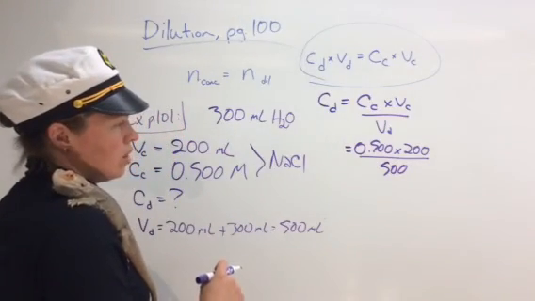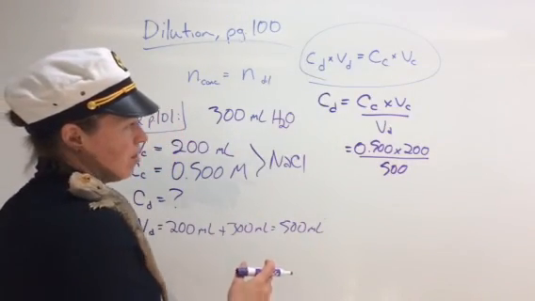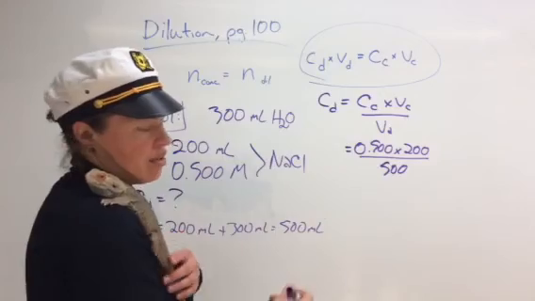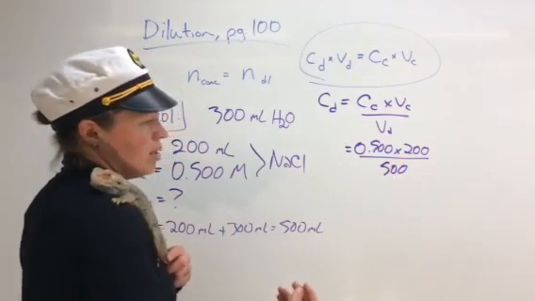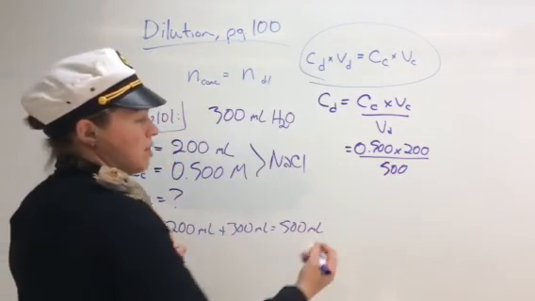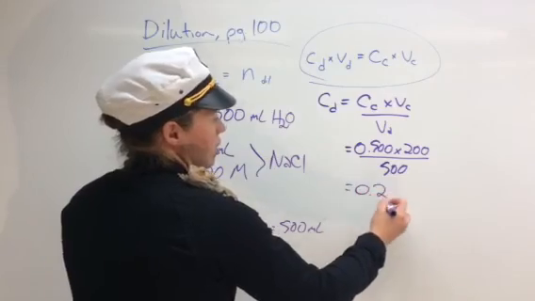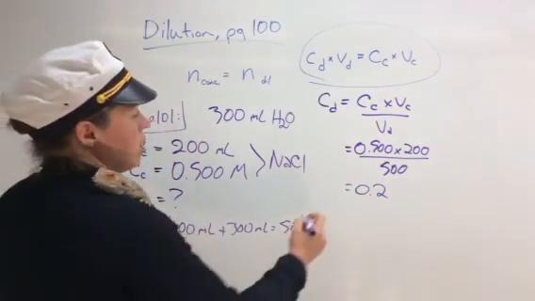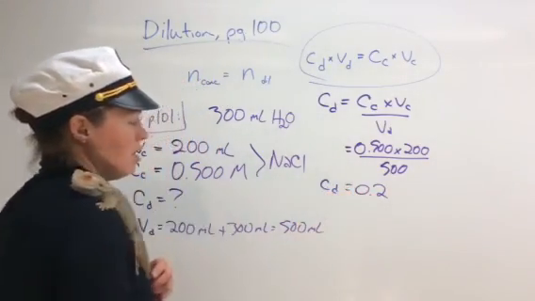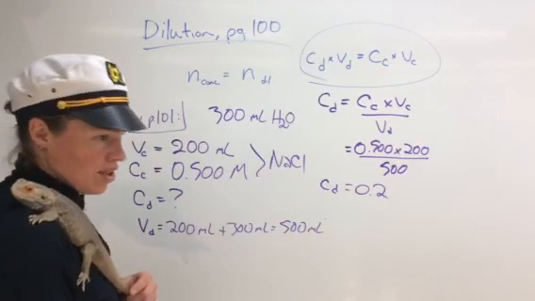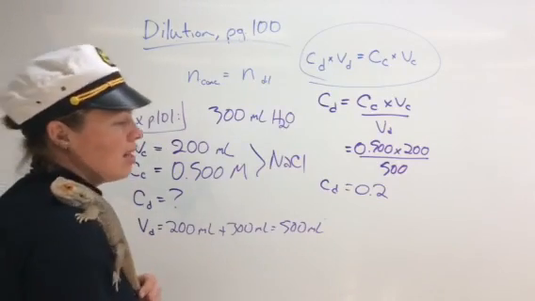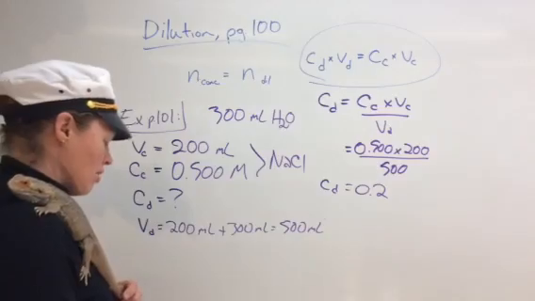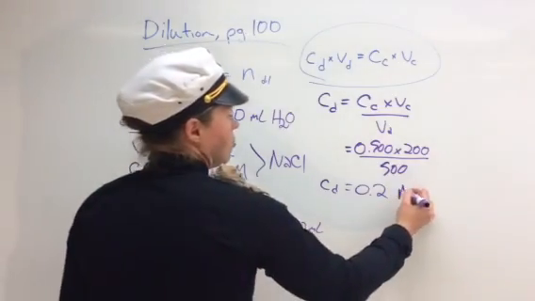So now I'm going to go 0.5, which is a half, times 200 gives me 100 over 500 is 1/5 equals 0.2. You could use your calculator. So the concentration of the diluted, the final amount, is 0.2 moles per liter.